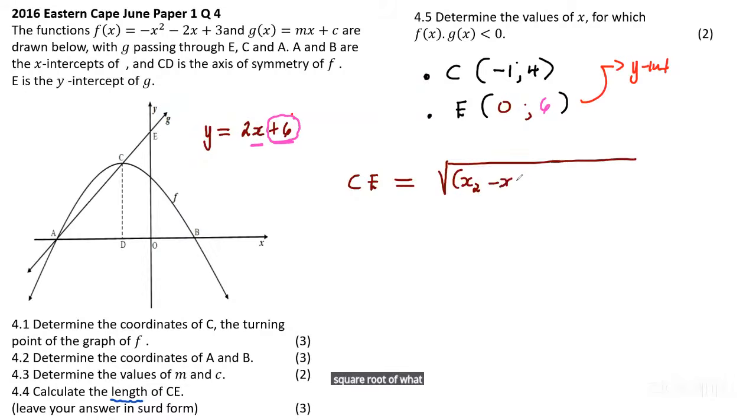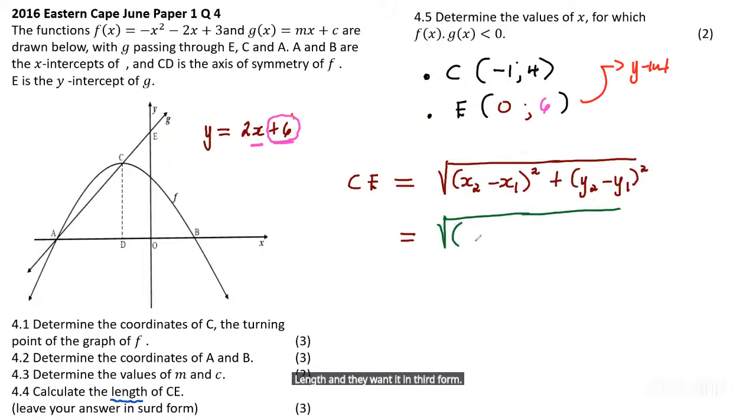x2 minus x1 squared plus y2 minus y1 squared. You'll find this in the topic analytical geometry as well. Length, and they want it in surd form. x2 is really up to us. So 0 as x2 minus 1 squared plus y2, 6 minus 4.